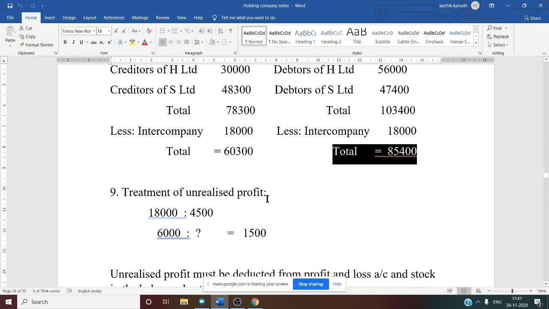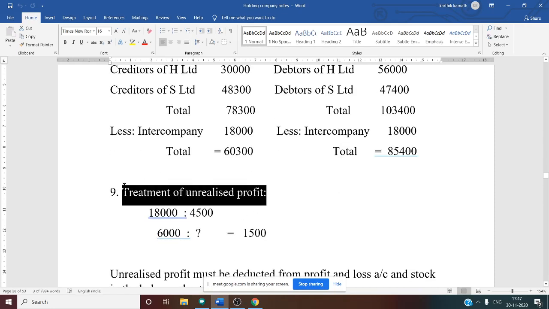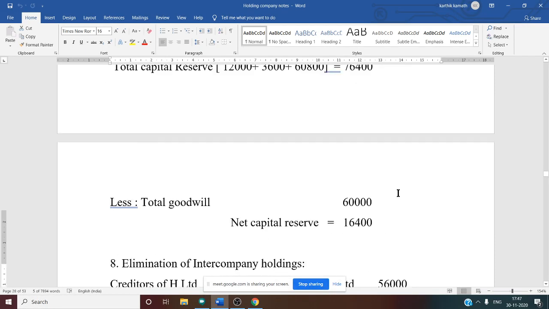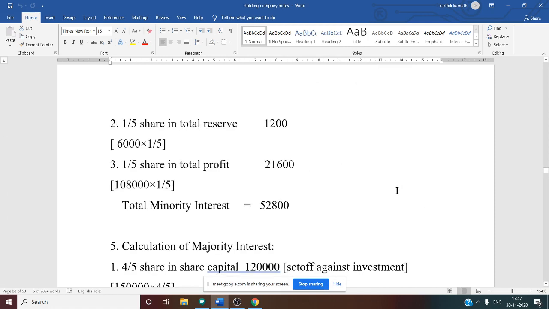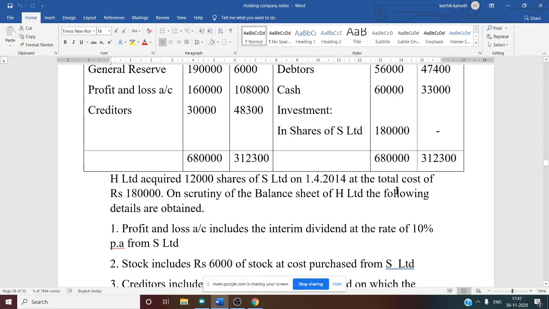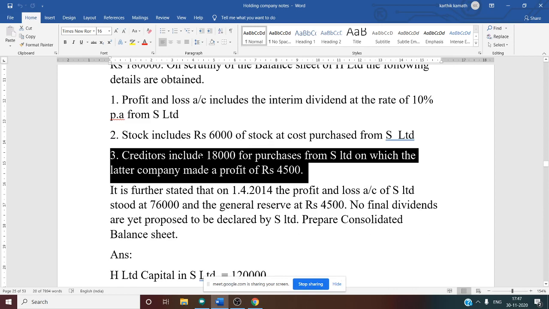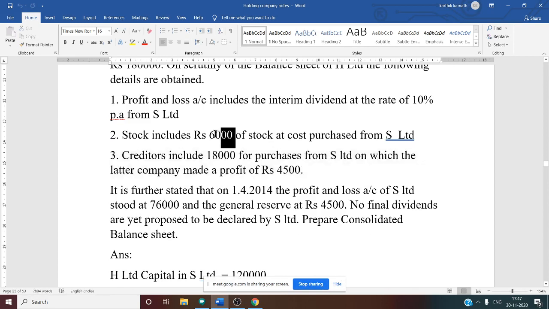Then working note number 9 is treatment of unrealized profit. Again we have to see the adjustment for unrealized profit. Adjustment number 3: for 18,000 worth of goods, 4,500 is the profit made, but 6,000 worth of goods is remaining in stock.